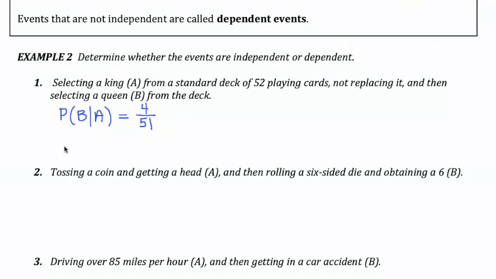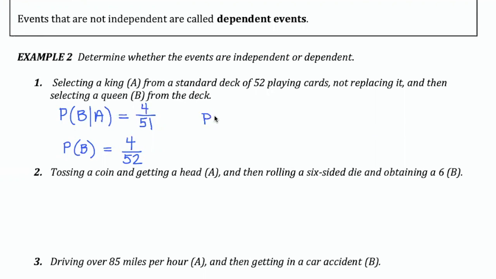So what's the probability of just picking a queen? Again, we don't include any part of event A happening. We just say, what's the probability of picking a queen from a deck of cards?